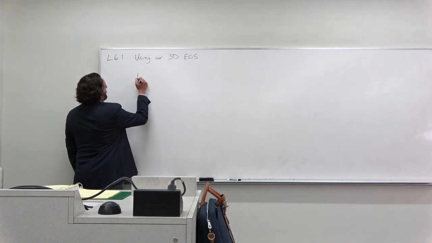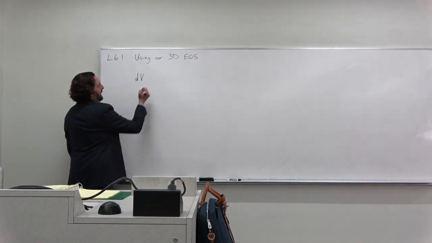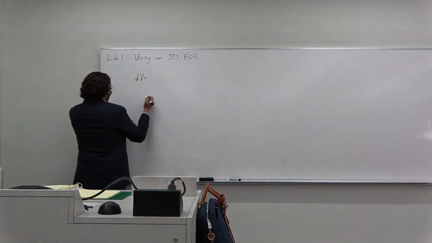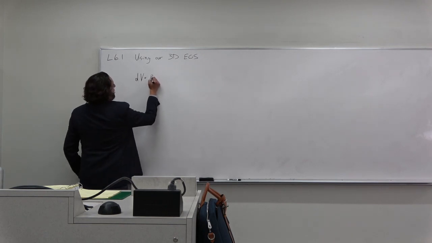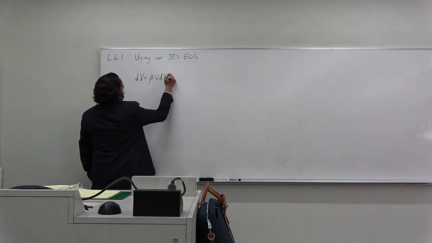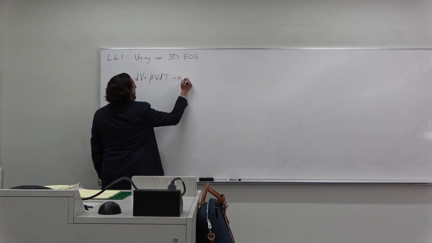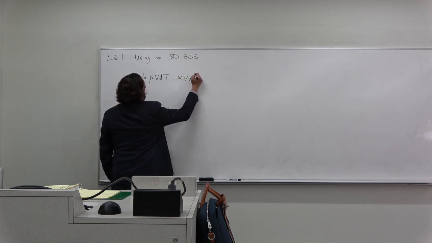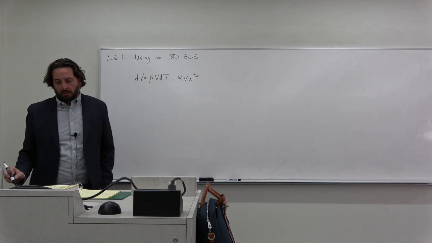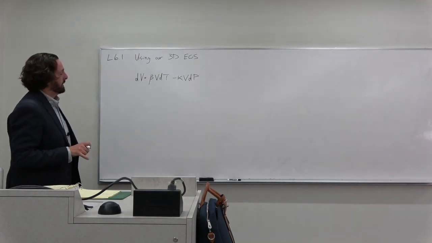Last time we worked out that dV is beta V dT minus kappa V dP. Let me make sure that's right. It is. Good.